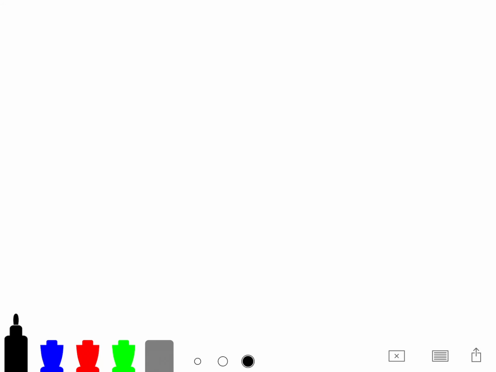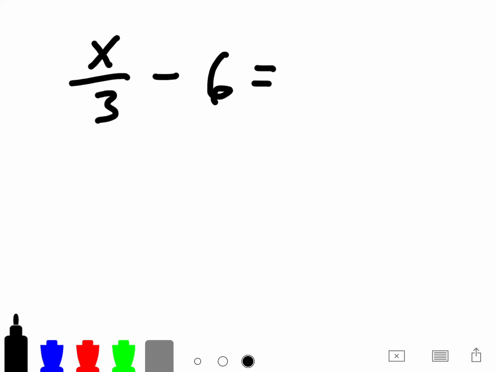Let's say I've got x divided by 3 minus, I don't know, 6 equals 15. So my first step with my one-step equations would be to circle my variable.